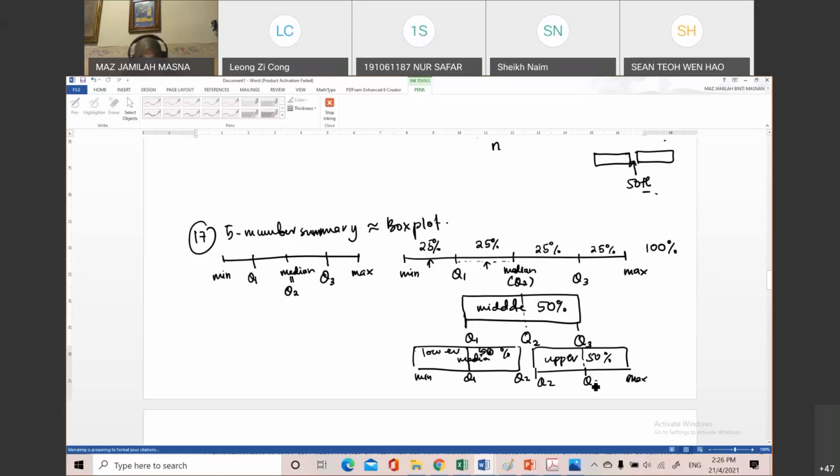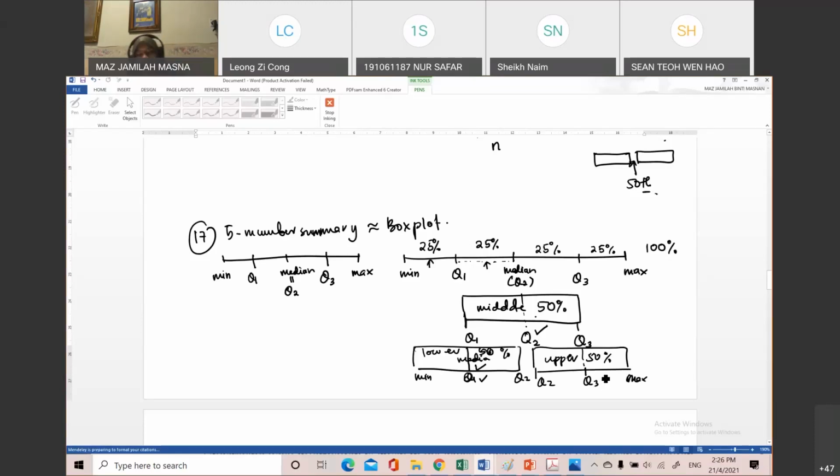So what you can understand is that you may have different median depending on the region you are talking about. If you are talking about the middle 50%, the median is your Q2. If you are talking about the lower 50%, the median is your Q1. If you are talking about the upper 50%, your median is Q3.